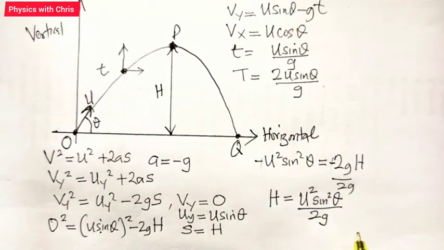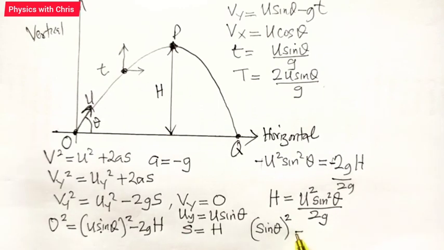Now, when you apply this square to these two terms, the square affects u, that is u squared, and the square affects sine theta. That's why we have sine squared theta. Sine squared theta is evaluated by first finding the sine of the angle, before you square it. Suppose theta is 30 degrees.